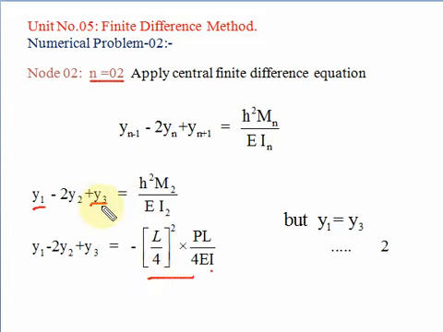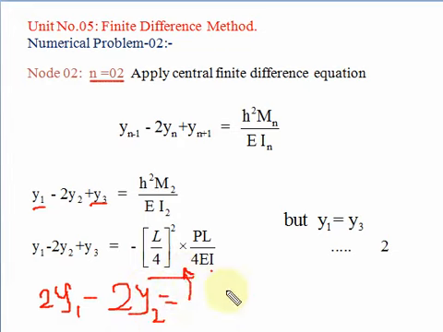So here what will be the equation? 2y1 or 2y3 minus 2y2 equal to this value. Okay, this is the simplified form of this equation. This is equation number 2. Here you can also write it down as y3 instead of y1.